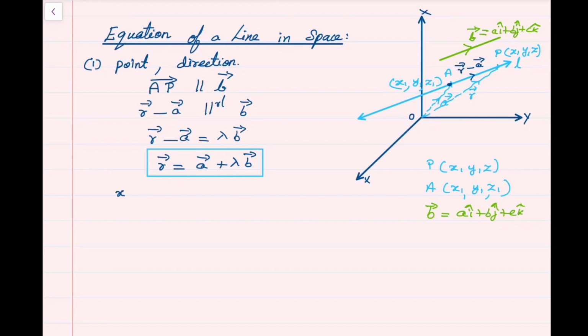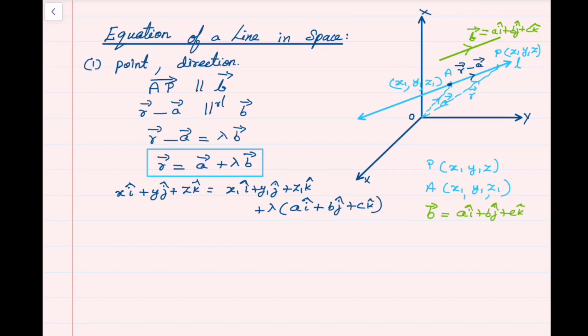Let us substitute these vectors. So our R vector is xi plus yj plus zk, and A vector is x1i plus y1j plus z1k, plus lambda times B vector, which is ai cap plus bj cap plus ck cap.